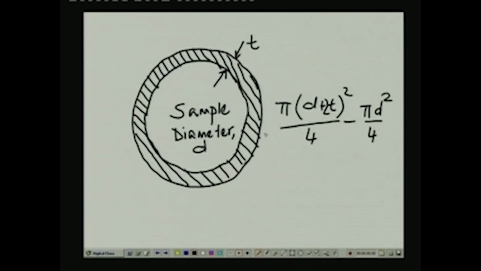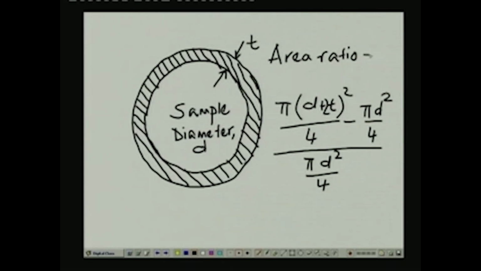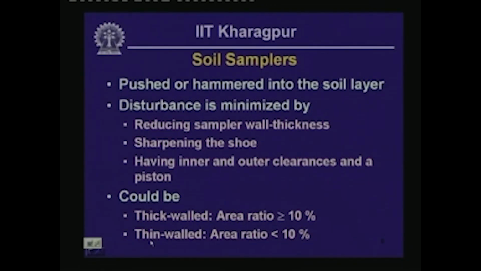So, that is the area of the cross section of the tube itself, and this we divide by the sample cross section, and then what we get is the area ratio. This is the definition of the area ratio of a sampler. Now, as we have seen, in order to minimize sample disturbance, we want to have an area ratio of less than or equal to 10% or less than 10%.